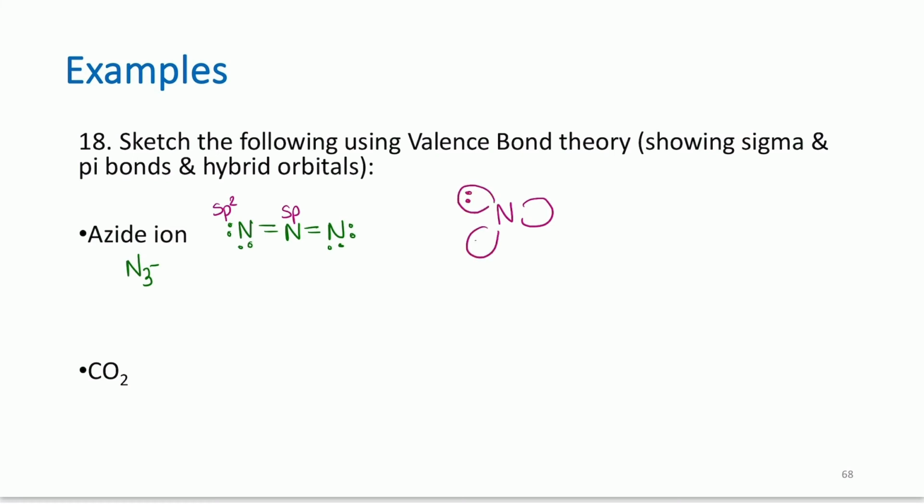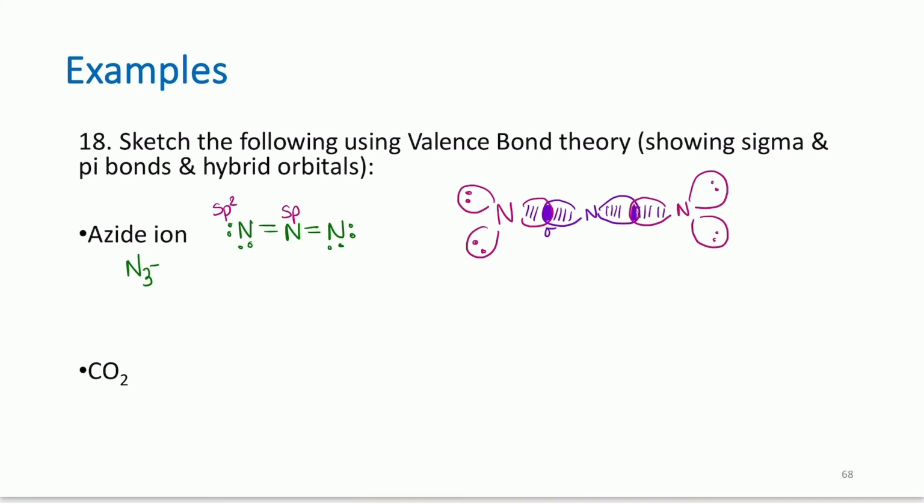So this nitrogen has 2 lone pairs, and then a sigma bond to the central nitrogen. So this is my sigma bond. This nitrogen's sp hybridized, so it's got 2 sigma bonds to its 2 outside nitrogens. That is also a sigma bond.